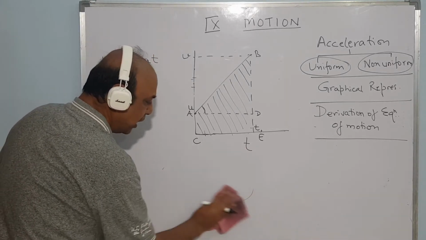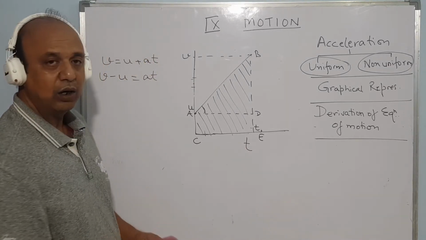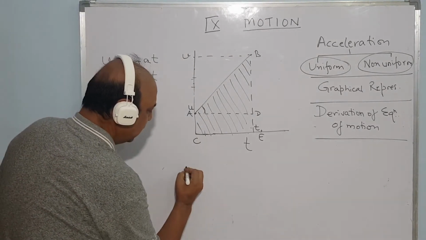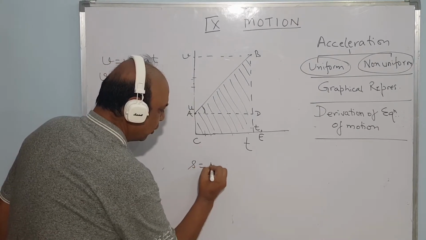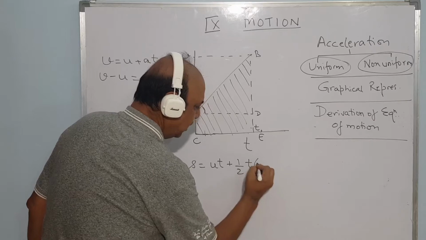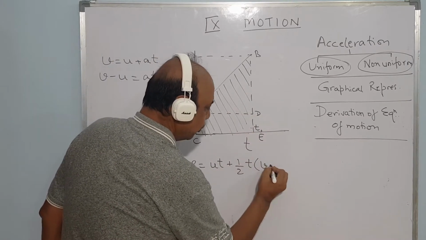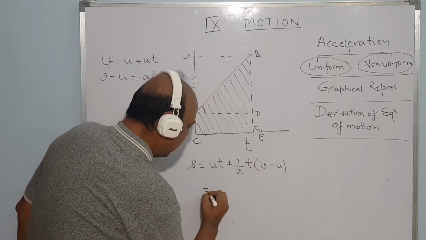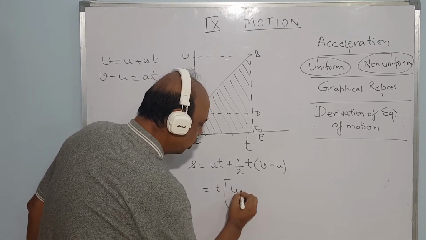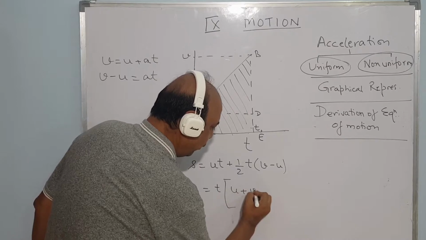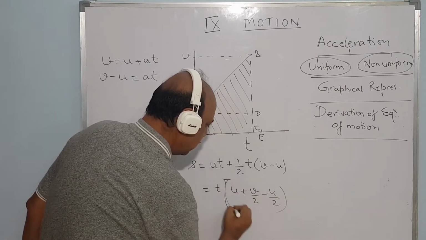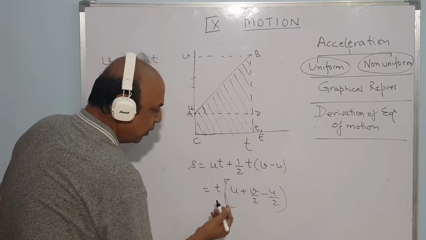As I promised in my earlier lectures, we will also work out the formula for average speed. Again, let us see. S is equal to ut plus half t into v minus u. If I take t common, it becomes u plus v by 2 minus u by 2, or u minus u by 2 is u by 2.